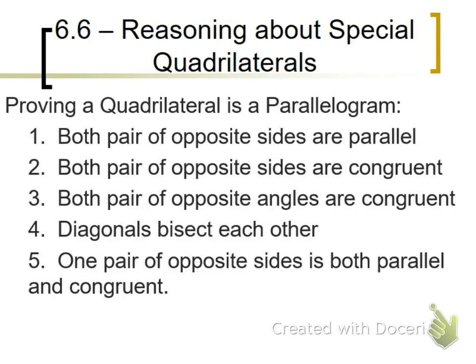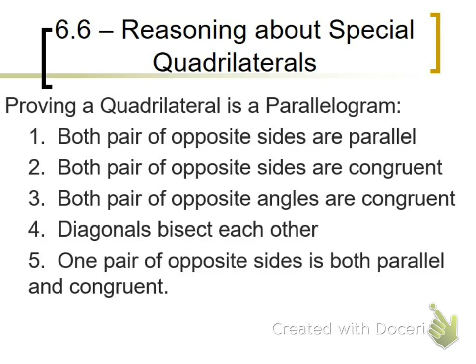We have learned 5 ways to prove a quadrilateral is a parallelogram. These are all review. These are things we have talked about, written on the board, been quizzed over. Yes, these should all go in our notes.